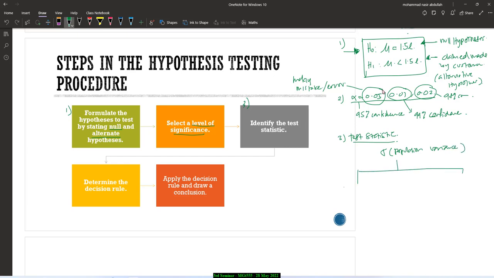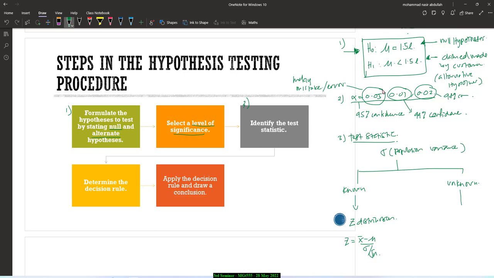So dia ada dua part, known and unknown. If the population variance is known, no matter how big the sample size or small the sample size, we're going to use Z distribution. So the Z formula is Z equal to X bar minus mu divided by sigma over square root of N, because they are taking from sample, and this is a sampling distribution.